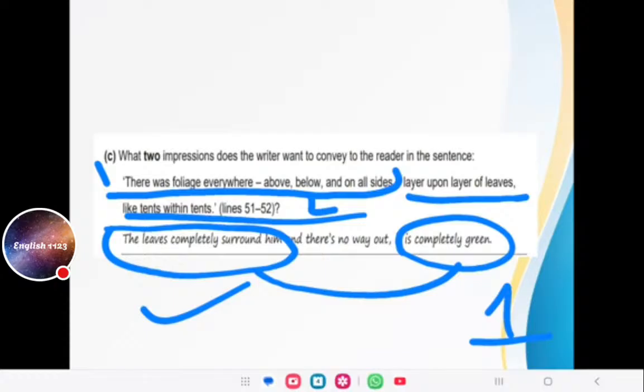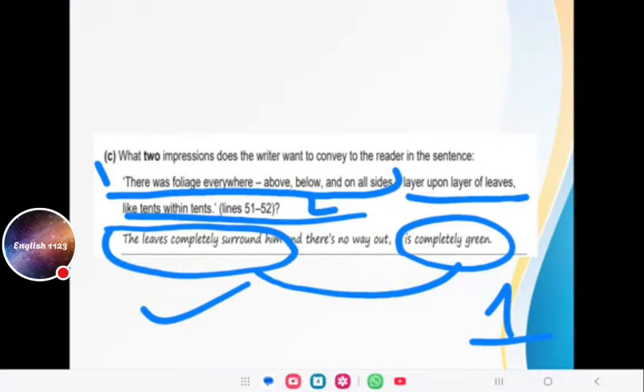It is a kind of complex place where leaves are creating that kind of layer that for a person it becomes really impossible to get out. So just there is no way out is not conveying the complete meaning.